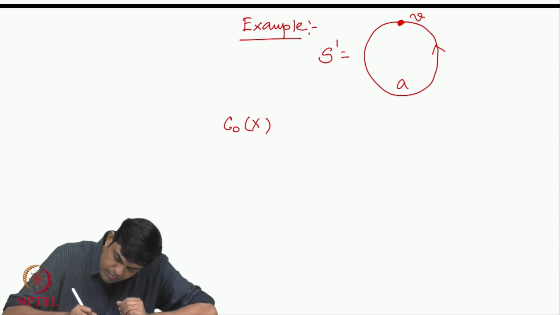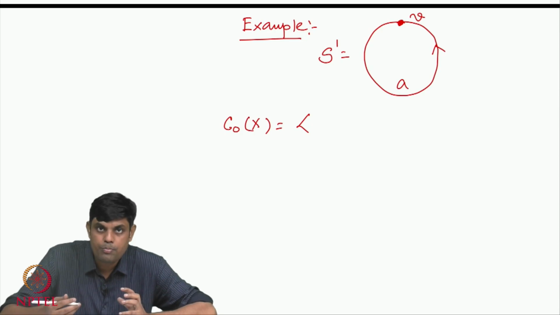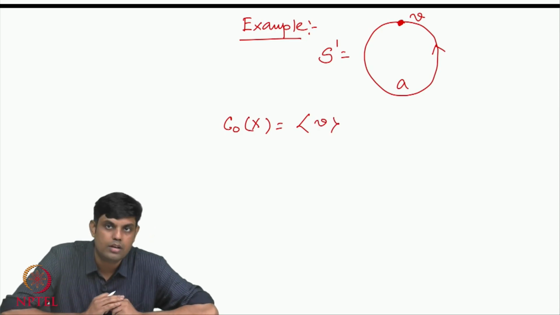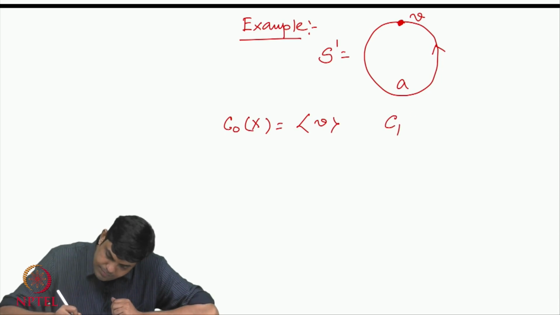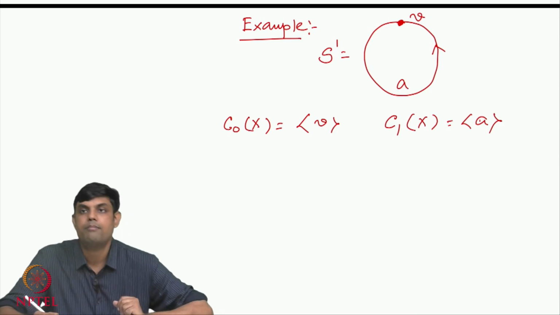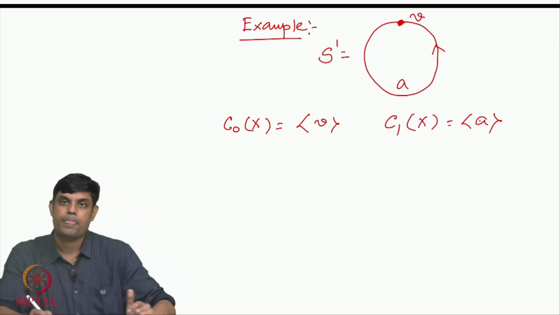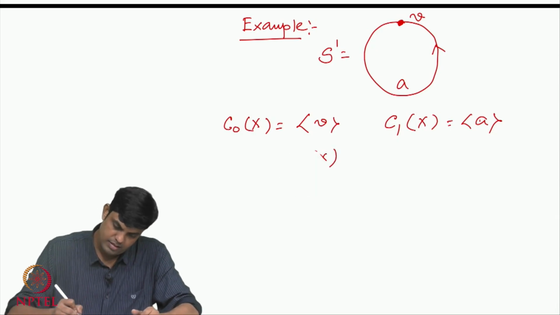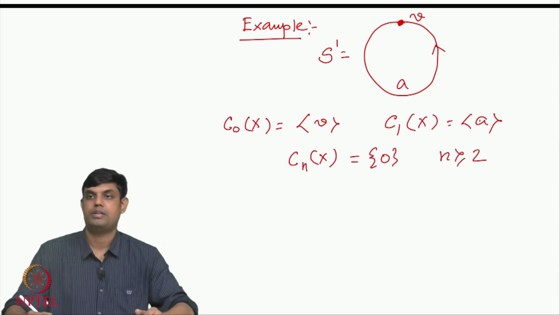C_0(X) will be the abelian group generated by the element V. And C_1(X), which is isomorphic to Z, will be generated by the element A. Every other thing is 0, since you do not have any simplices of dimension n greater than or equal to 2, so everything else is simply 0.